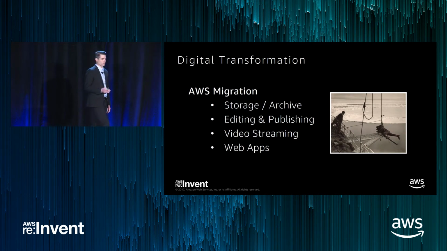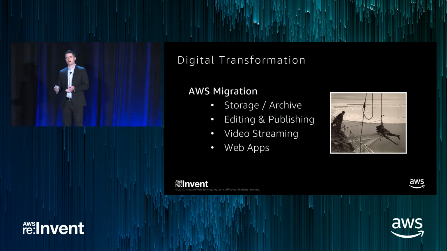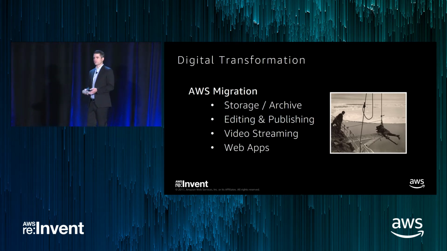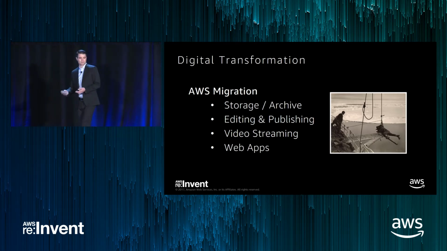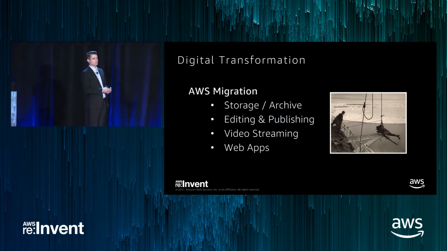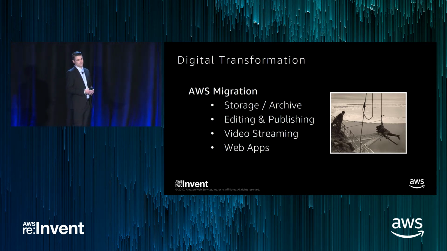National Geographic is undergoing a digital transformation. So they are migrating a lot of their NAS, FAS, SAN, LTO tape library systems that have images and video on them into AWS, onto systems such as S3 or services such as S3. They're transforming their editing and publishing platforms, let's say to run on GPU-backed EC2 instances and workspaces.